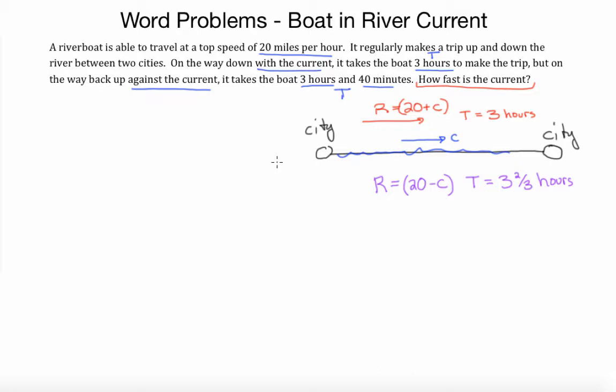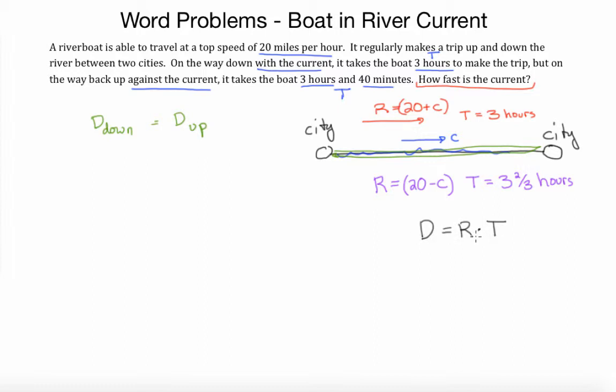All right, we haven't done anything with distance, but I know the distance down has to be the same as the distance back. So let's mark that and start to put together an algebraic equation. If the distance down is equal to the distance back up the river, I also know that distance equals rate times time. That's this tried and true relationship between distance, rate, and time.